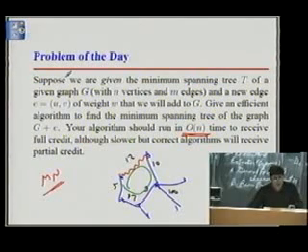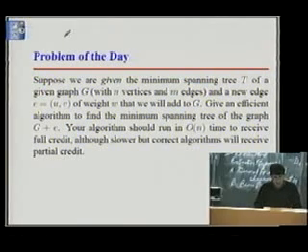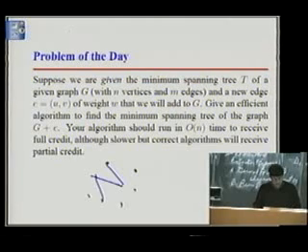Okay, so what is our problem? Let's make sure people are getting the problem. The problem is this. I am giving you a graph. And I'm giving you a minimum spanning tree on that graph. Here's the minimum spanning tree. I happen to know it.